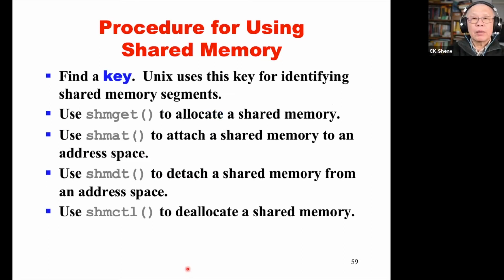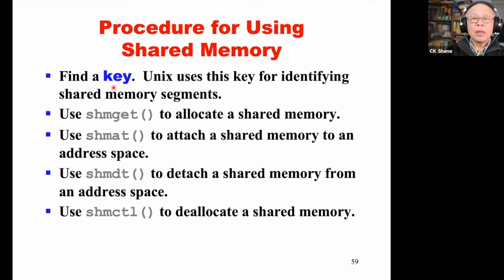So let's make our question and the solution short. How do we get a shared memory? There is a standardized sequence. First of all, we find a key. This key is used for identifying shared memory segments.